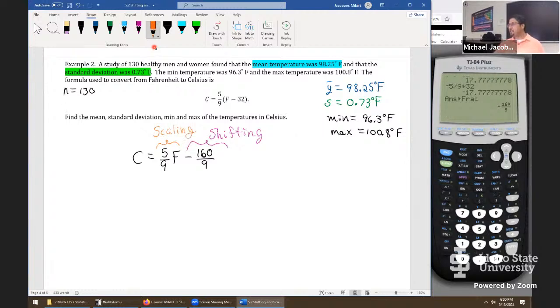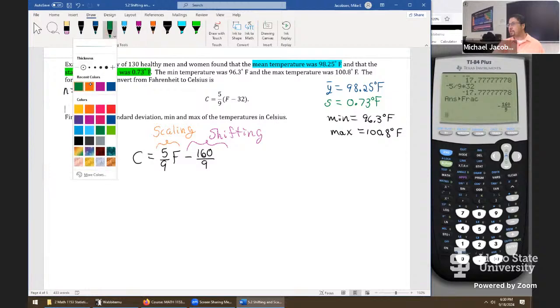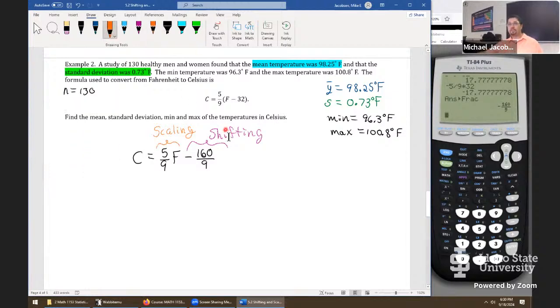So now that we've done that, looking at our statistics on the right here that we labeled, we have a theorem that says scaling affects everything, but shifting only affects measures of position, not the measures of spread. So along this list, which ones would you say is a measure of spread?